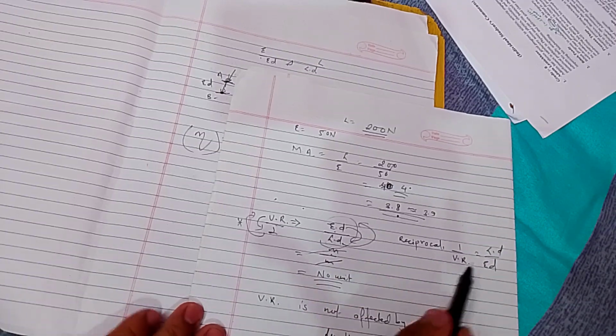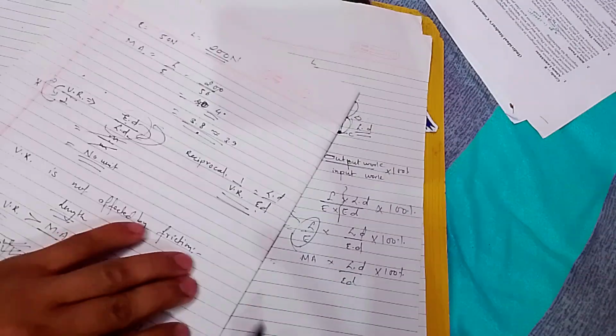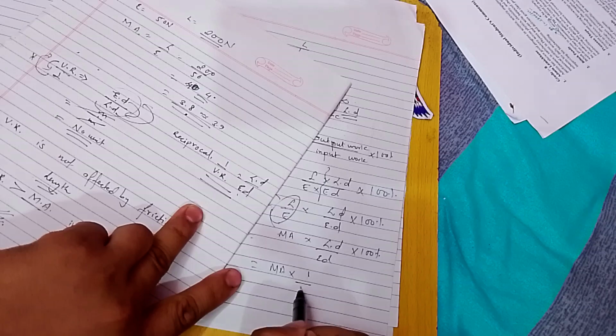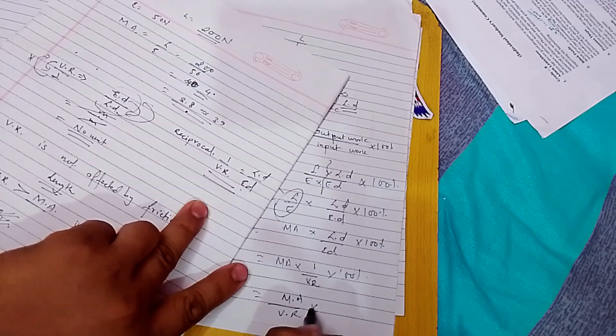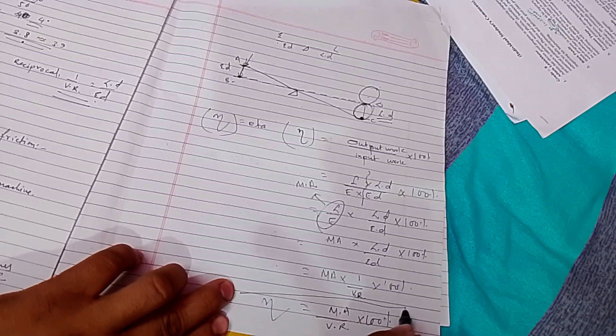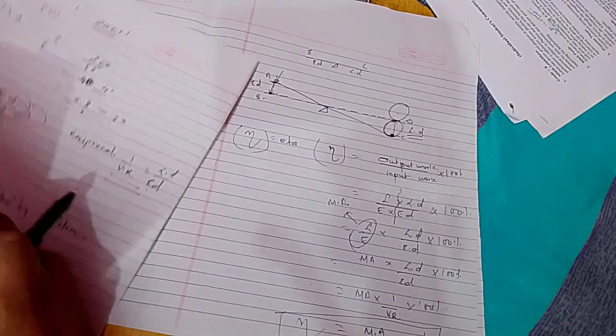So I can write MA into 1 by VR into 100%, which is MA by VR into 100%. Remember, the question will be asked: prove that efficiency equals MA by VR into 100%, or show the relation between MA, VR and efficiency. It will be asked during your examination, so pay attention to that question.